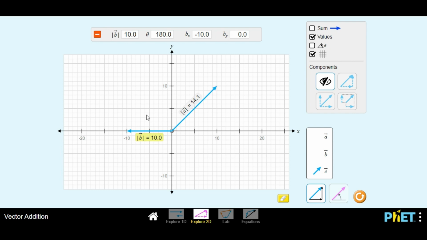And then after that you also redraw the first force, starting from the end of the second force, in the same direction and with the same magnitude, and then you will get the intersection. That will be the resultant.